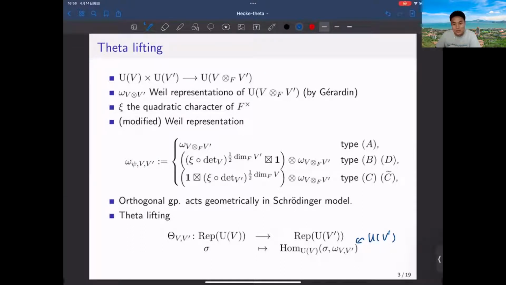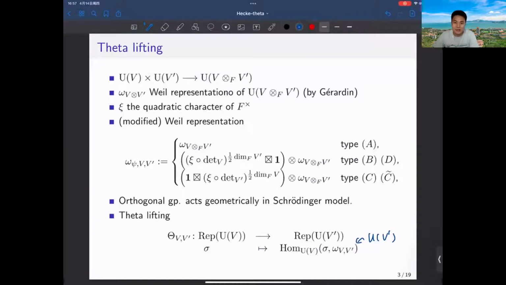Okay, so this image is usually, in general, not irreducible in the finite field case, and there's no reasonable way, no good way to choose an irreducible piece of it. I think Anne-Marie's first talk in this conference explains how to choose a canonical one among the big theta lifting.